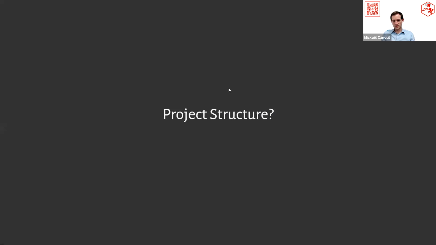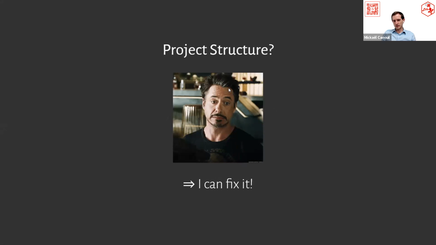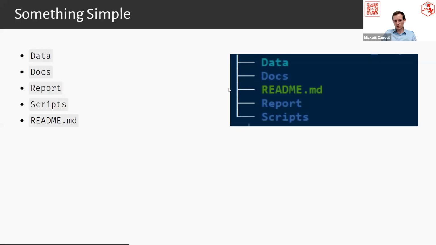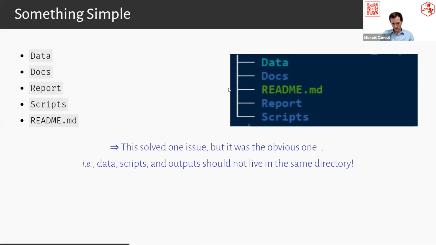So the idea was to put some project structure. A simple thing that can be done is, okay, let's be organized a little bit. Let's have a data folder, a documentation folder, a README, because arriving into a project with a README is really nice to see what it is about, maybe some reports, and obviously the scripts you need to do the actual analysis.